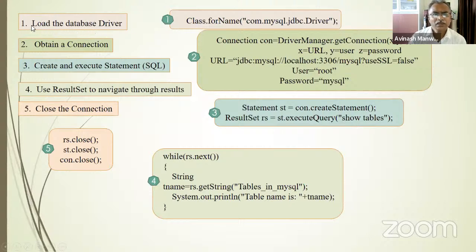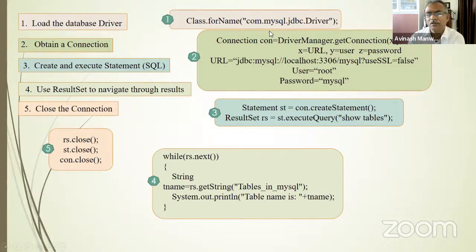For example, you have to load the database driver. So how can it be done? It can be done by using the class loading method, that is Class.forName. That forName method will load that class, that means the JDBC driver, into memory.